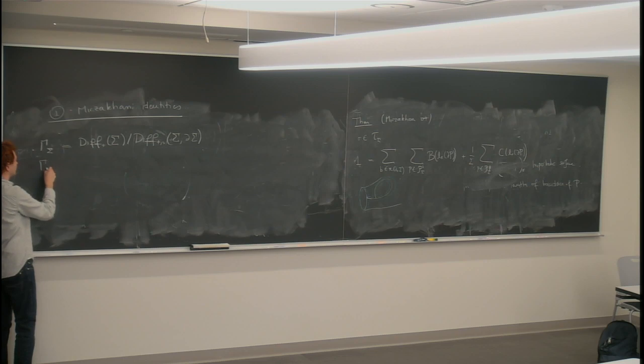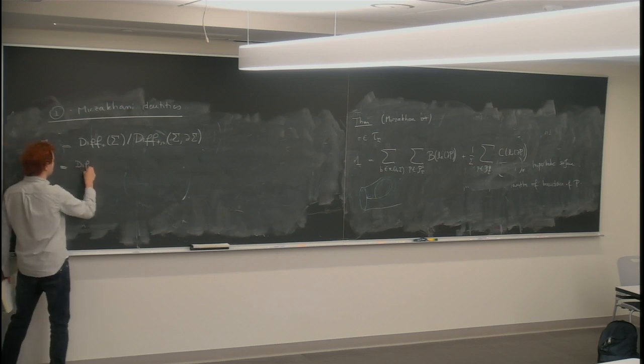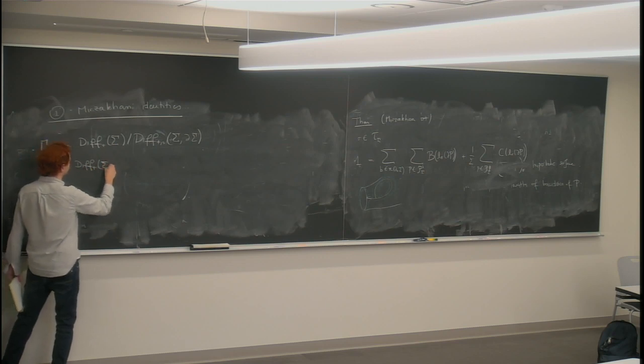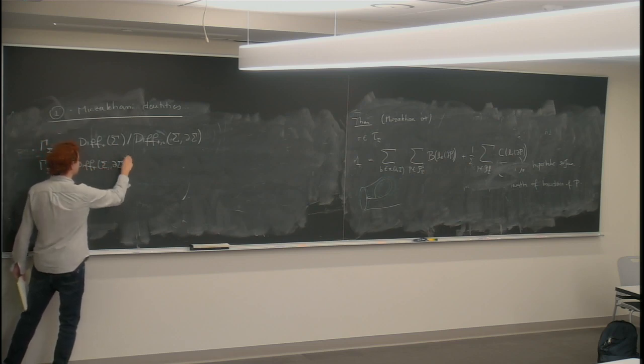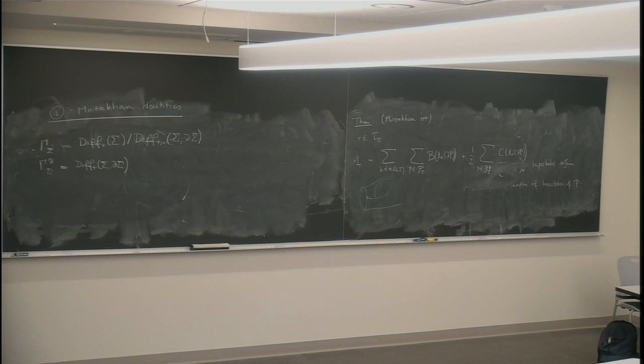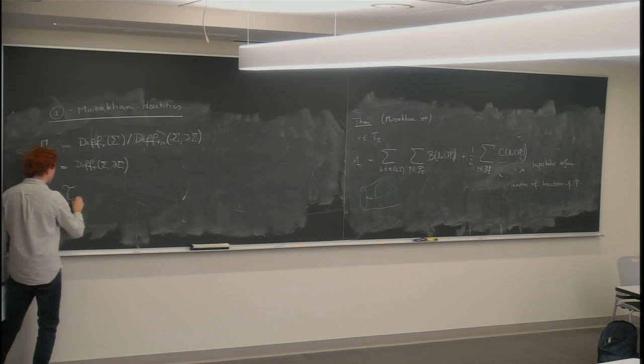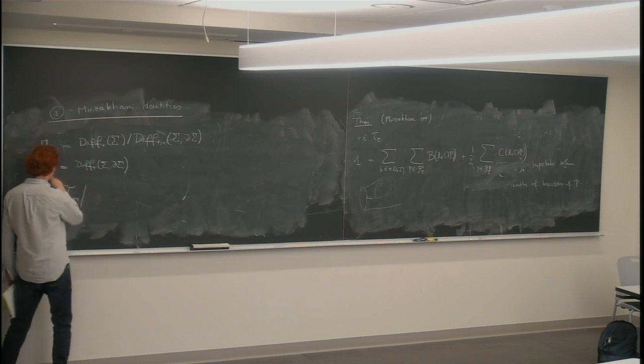And among those, I can consider the ones which actually induce the identity on the boundary. So the moduli space of bordered surfaces, M sigma, is the quotient of the Teichmueller space by this group.